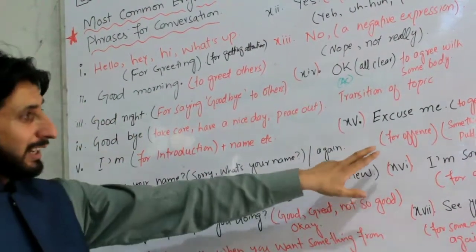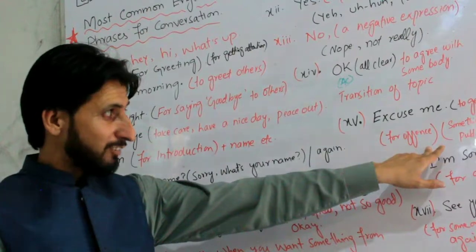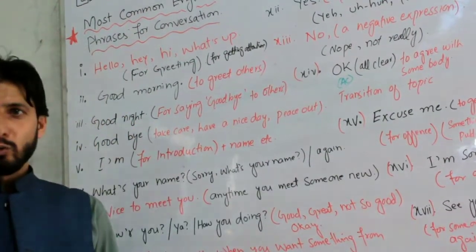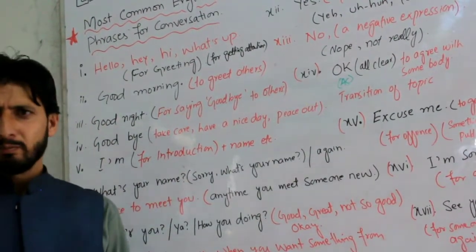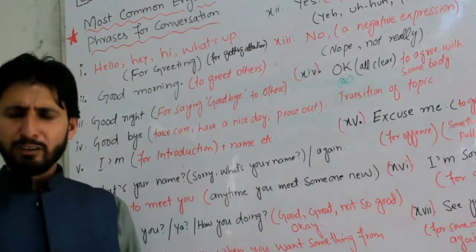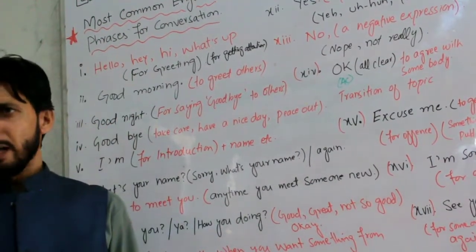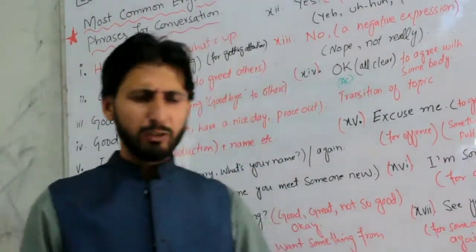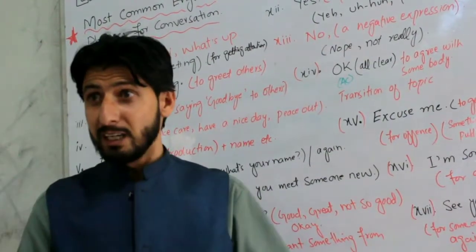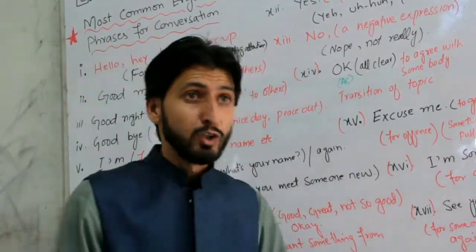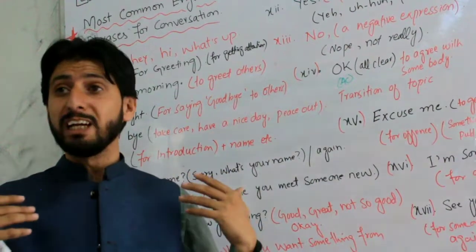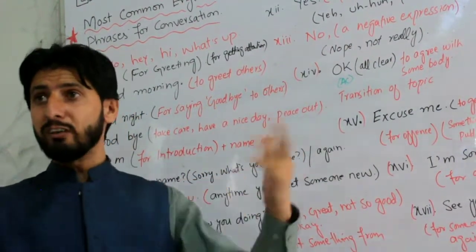But it is also used in other places. Excuse me, when you show offense and your mood is not very good and someone says something to you and you say, excuse me, what are you saying? So this is a way of expressing your offense.